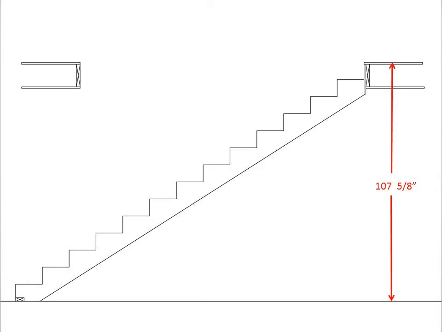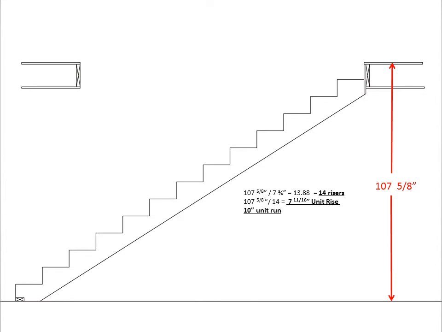Using the standard formulas from Lesson 3, we can calculate the basic straight-run stair. 107 5/8 inches divided by our maximum unit rise of 7 3/4 gives us 13.88 or 14 risers. Then we take our total rise and divide by our quantity of risers, 14 that we just calculated, to get our unit rise of 7 11/16.